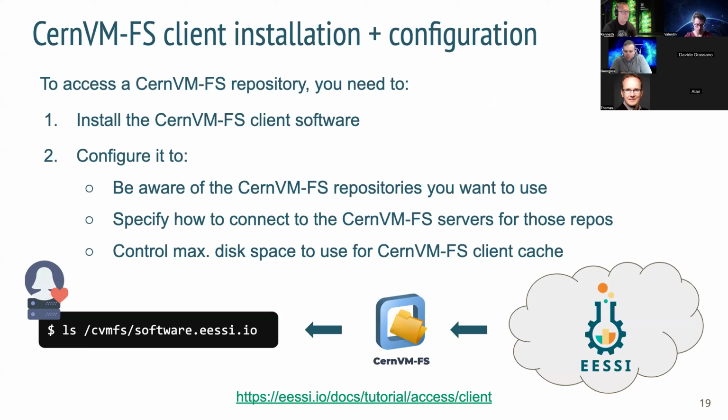So which servers does it need to talk to get the data that's included in those repositories, and also how much disk space, so how many resources, can it use on that particular system for its client cache, for example. And then some details about connectivity, and there's a whole bunch of options that you can set.